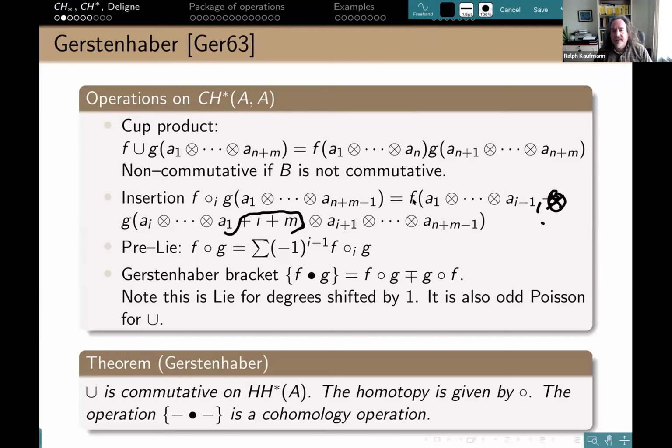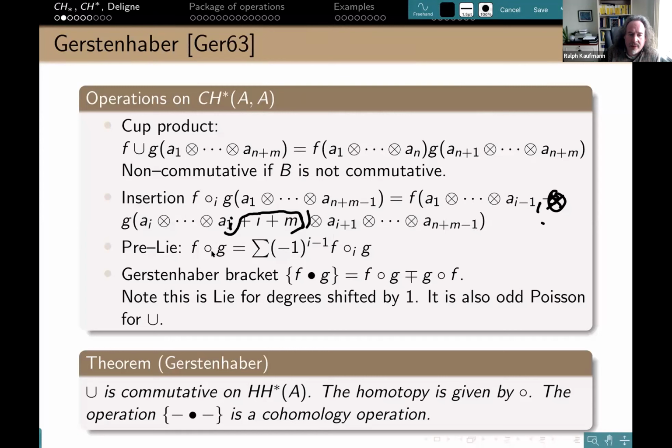So you take the function, fill the first slots with the elements you have, and then in the i-th slot you put your function, which takes these elements. Then the bracket should close, and you take the next element and fill it up with the rest of the elements you had before.